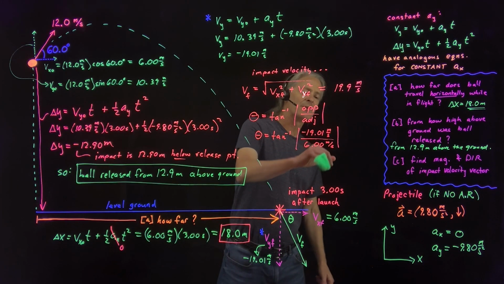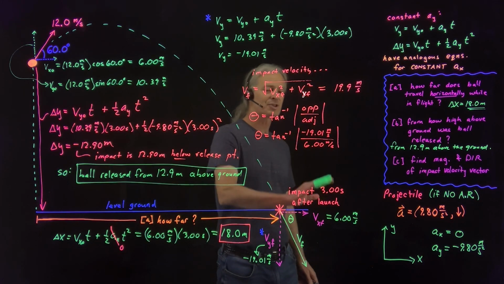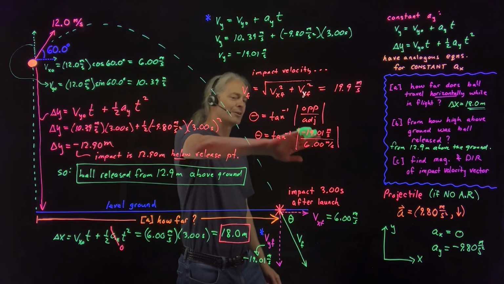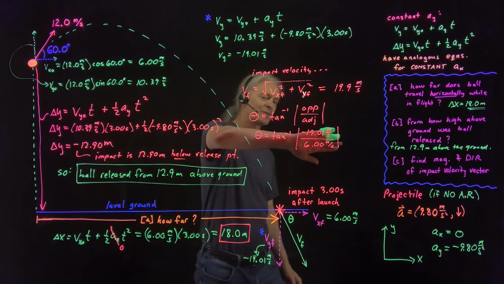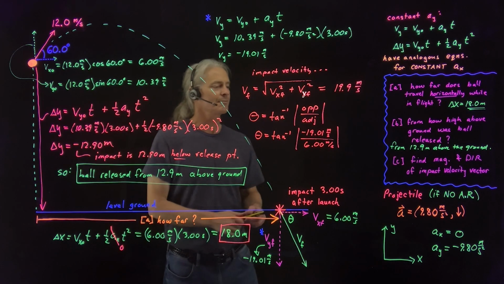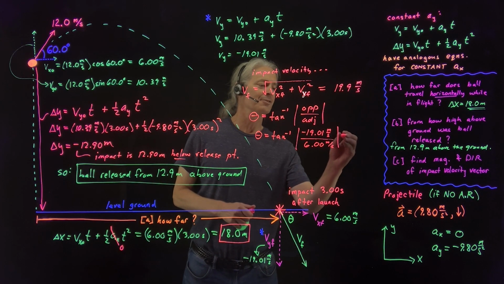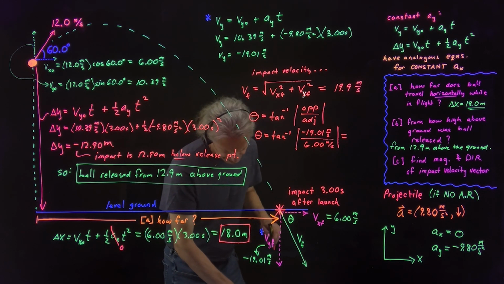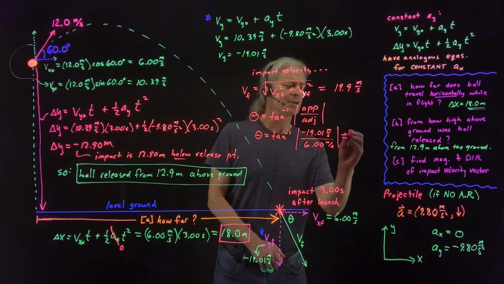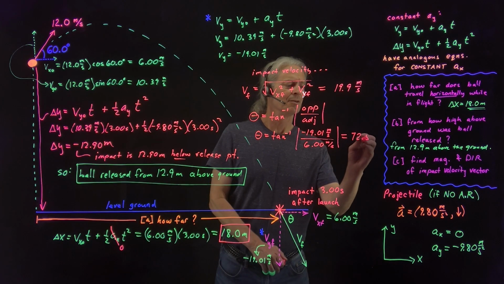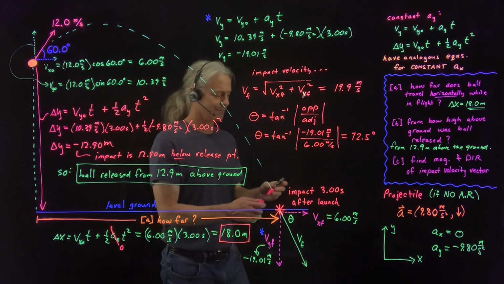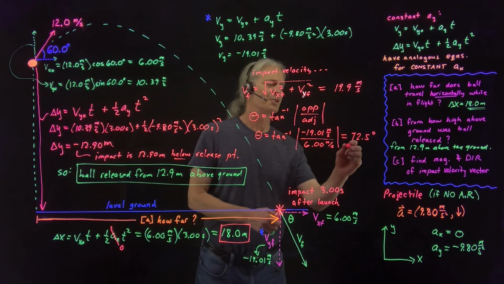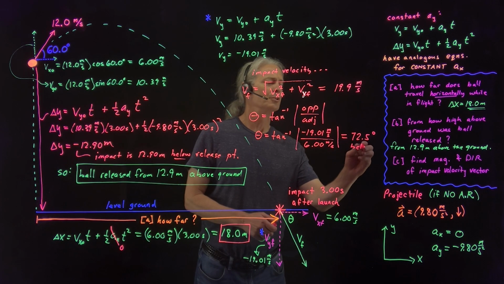Meters per second divided by meters per second gives you no units, so inside the argument of your inverse trigonometric function, you shouldn't have any units. All right, and let's grind out that calculation. That comes out to 72.5 degrees. Okay, and what is that? That's below the horizontal.